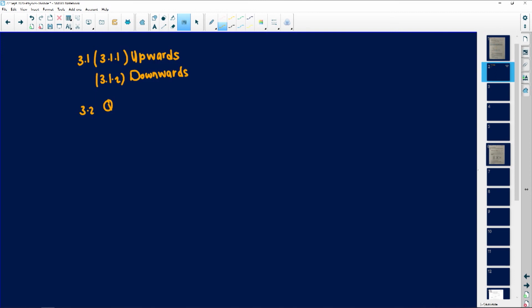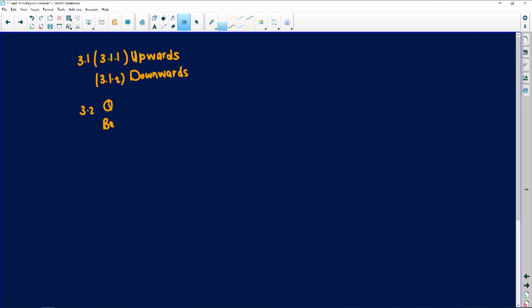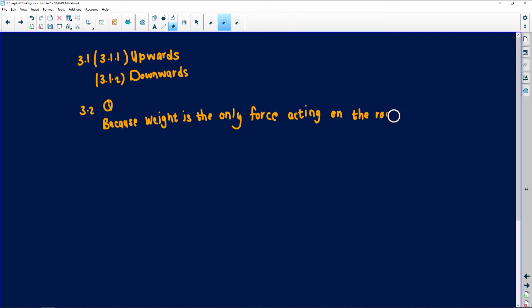But remember, when we talk about free fall, we can say because weight is the only force acting on the rocket. So that is then free fall.